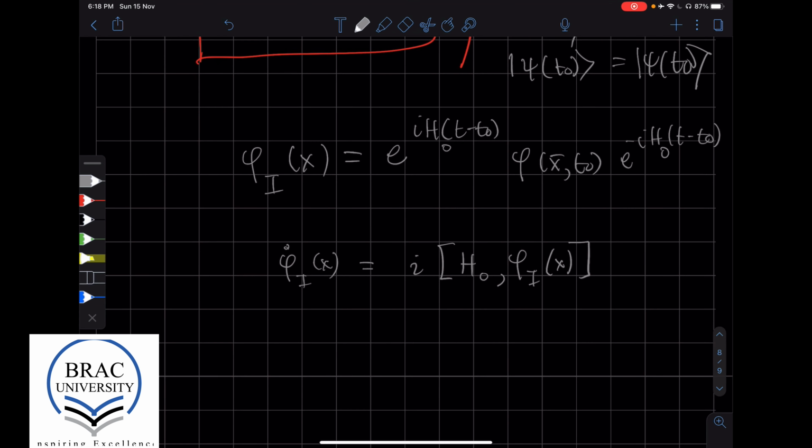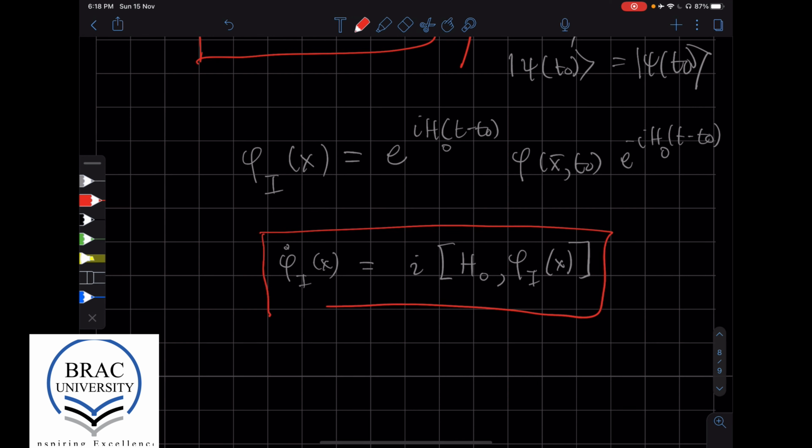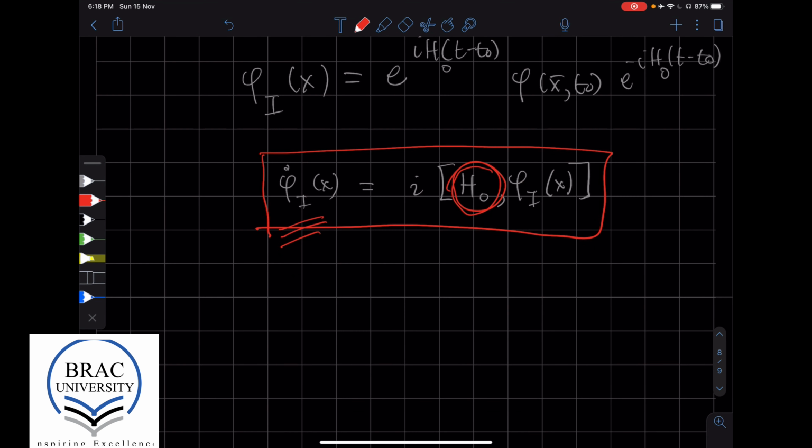This is remarkable because if you look at this equation, although we are looking at the evolution of an operator in an interacting field theory, the evolution of that operator is given by the Hamiltonian of the free theory. Which is something we noticed before, if we write phi I of x at some given time, it is something like this.